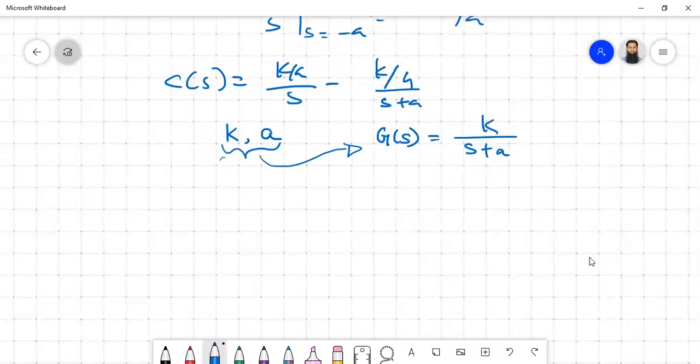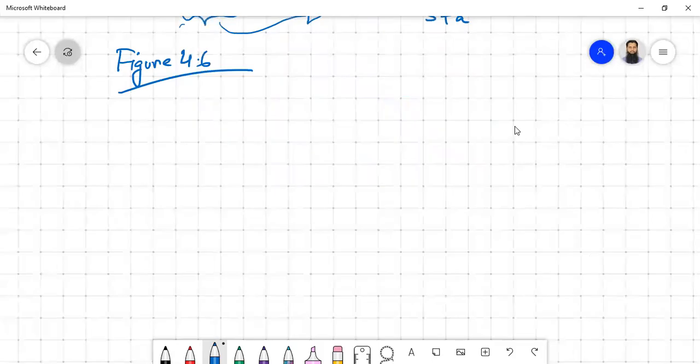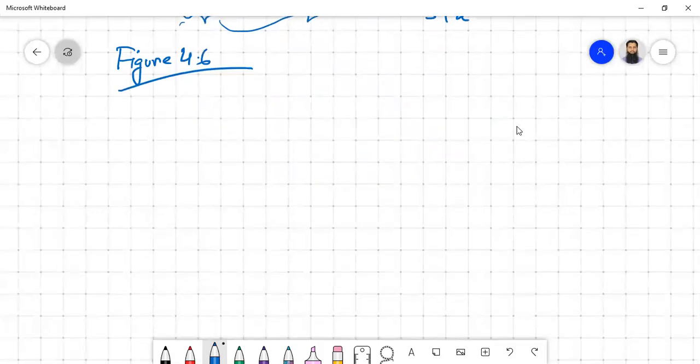This is your figure 4.6. If you look at the book, if you need, because my drawing may not be precise, that is why I'm giving you the number.